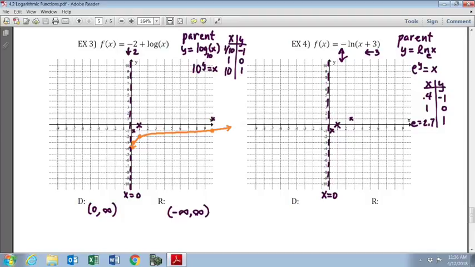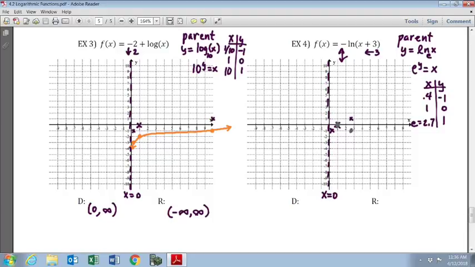All right, so we actually need to reflect this through the x-axis. So the point on the x-axis is not going to move. Oops, let me change colors. 2.71 is going to go down here.